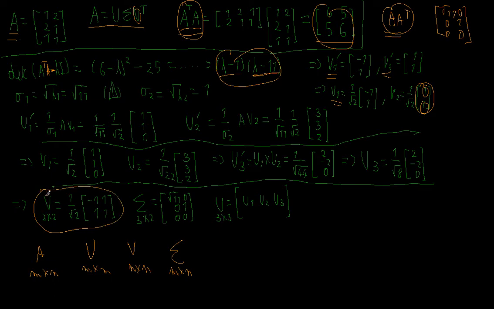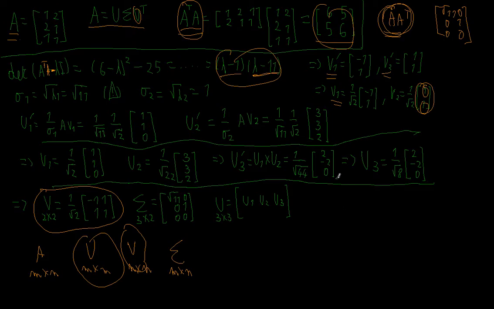Yes, now we can find the vectors U sub 1, U sub 2, U sub 3, because remember U will be a 3x3 matrix, not a 2x2 one. And so again, you can now compute A times A transpose, and again the eigenvalues will be the same, the non-zero eigenvalues, and then you can find the eigenvectors of this A times A transpose, which will give you your U sub 1, U sub 2, U sub 3.